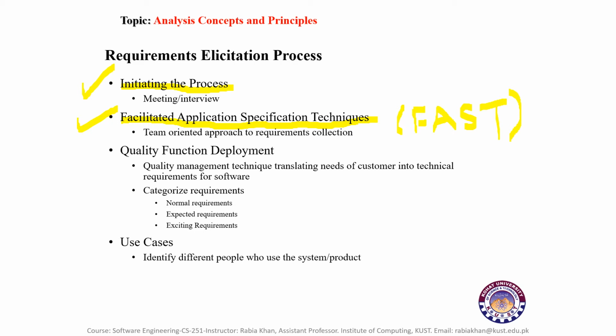Then the facilitator, which can be a customer, a developer, or some other outsider, is generally assigned to have control of the meeting. Then the working mechanism is defined. For example, how the input in the meeting will be notified.